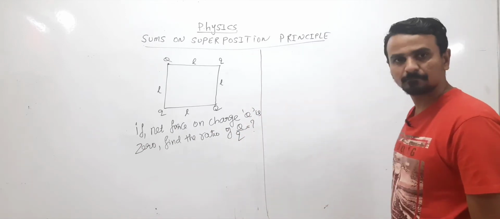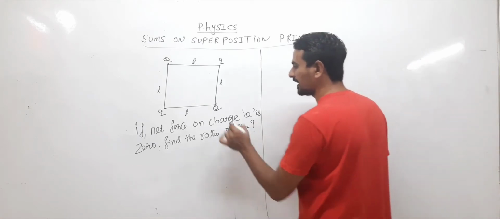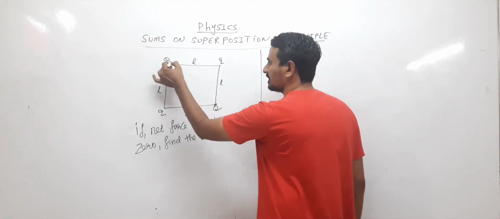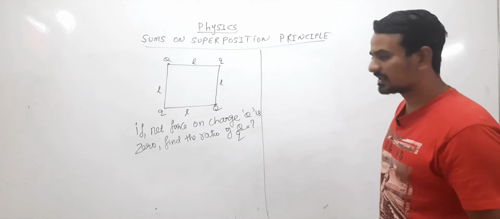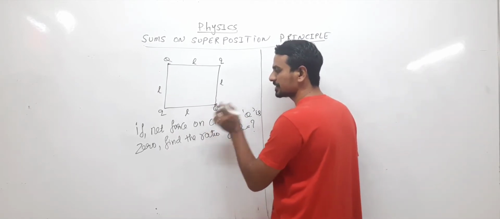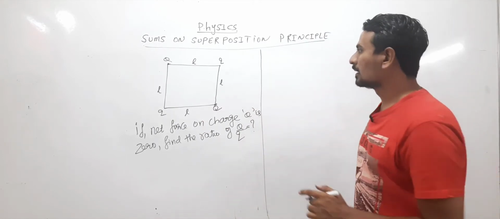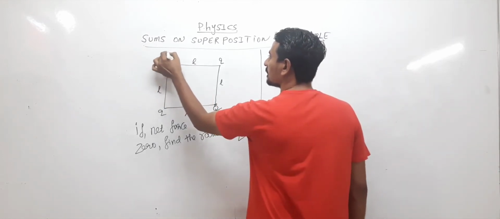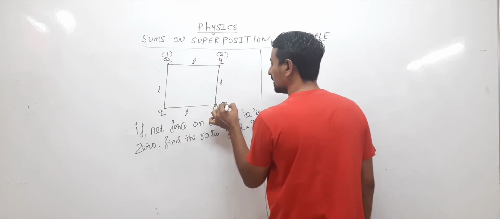This is the question. Net force on capital Q, that means you can take this charge or this charge, either of them. Let us say we take this charge, suppose the net force on this Q is 0. We'll number the charges 1, 2, 3 and 4.